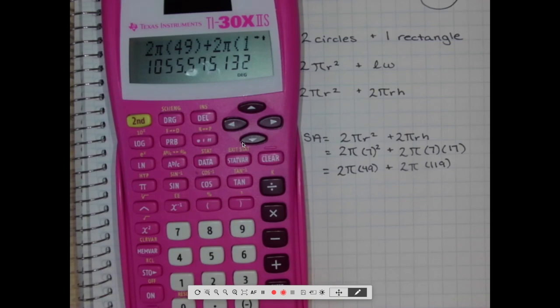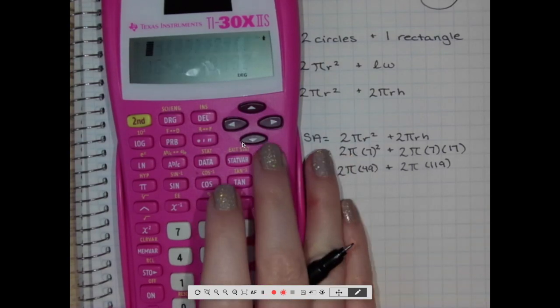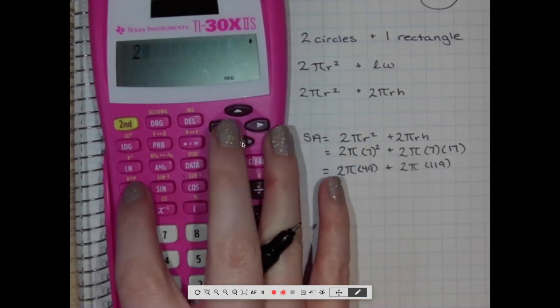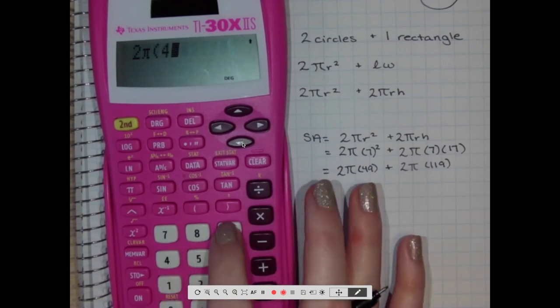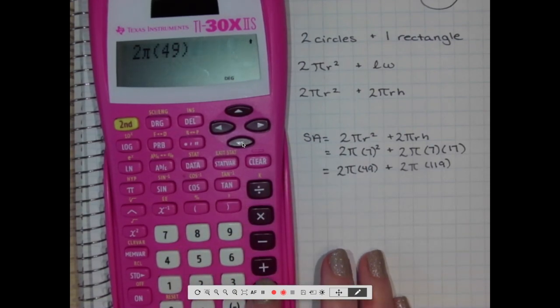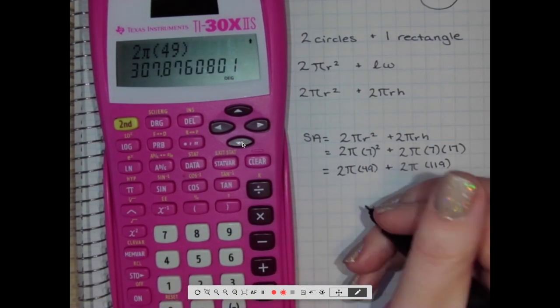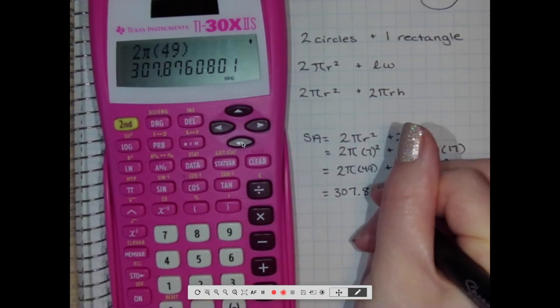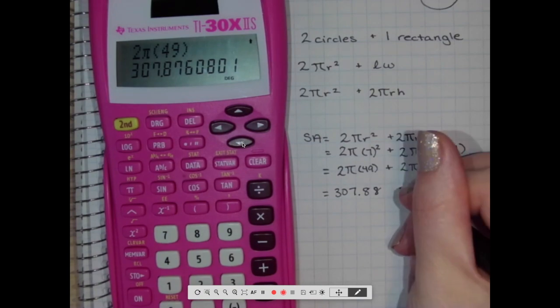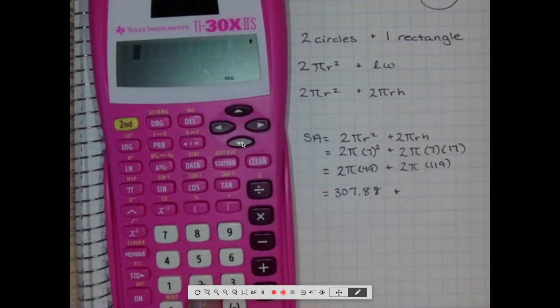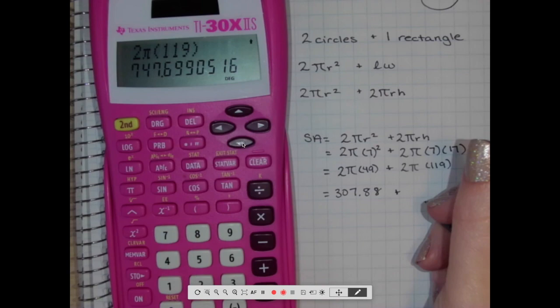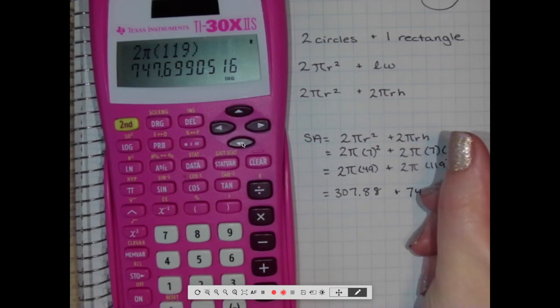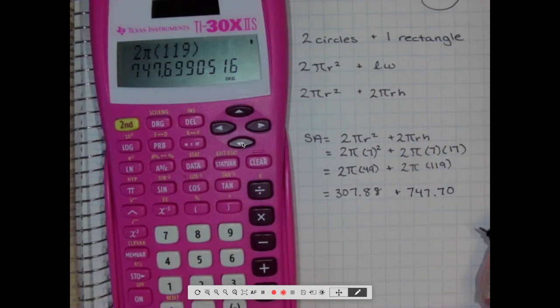Now, I can also break it apart step by step and go 2 times pi times 49. And I would get my 307.88 when I round it to 2 decimals. And then I go 2 pi times 119, and there I get 747.70.